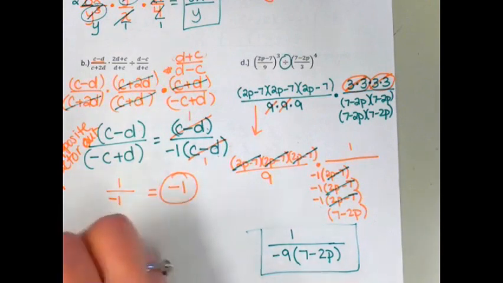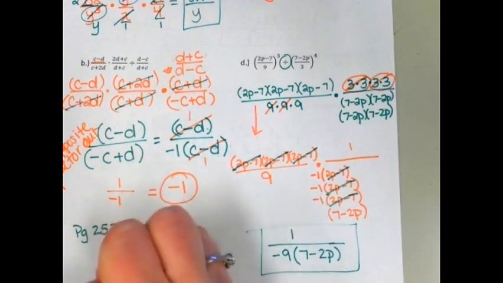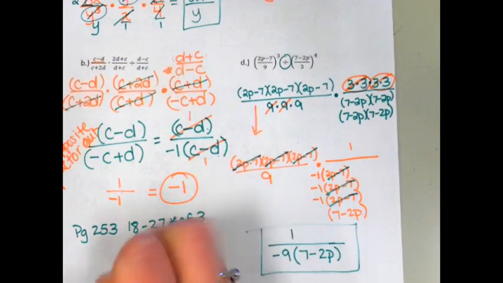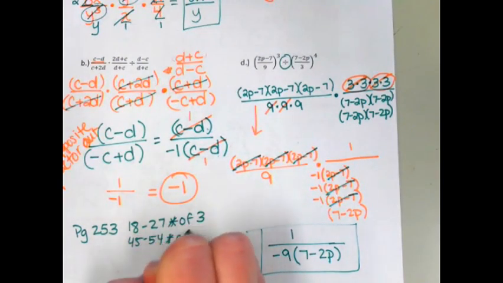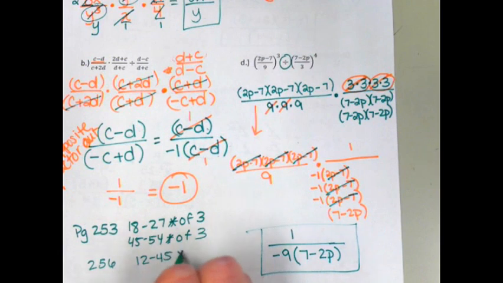So you have page 253, 18 through 27 multiples of 3, 45 through 54 multiples of 3. Page 256, 12 through 45 multiples of 3.